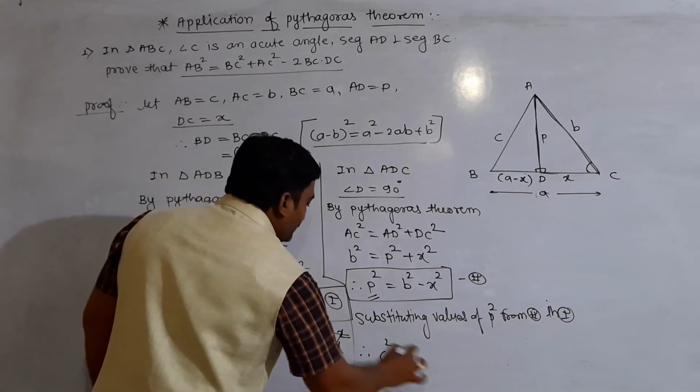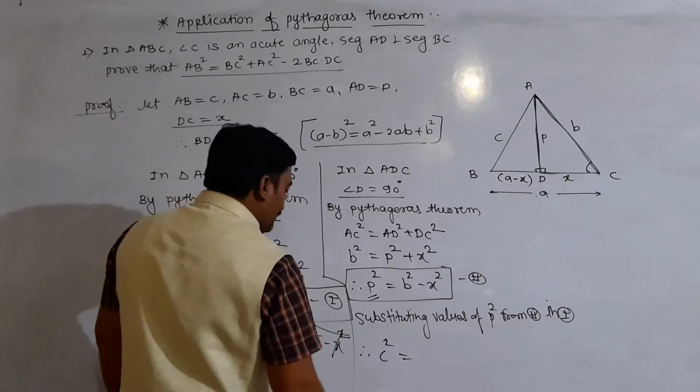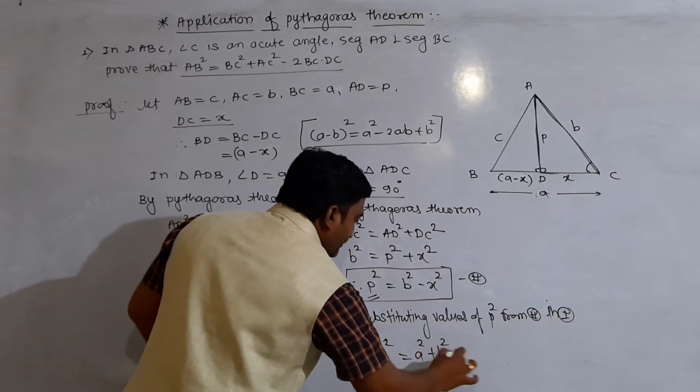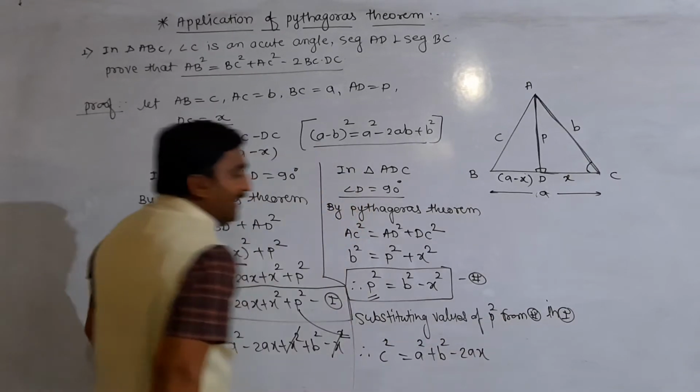Therefore, c square is equal to a square plus b square minus 2ax.